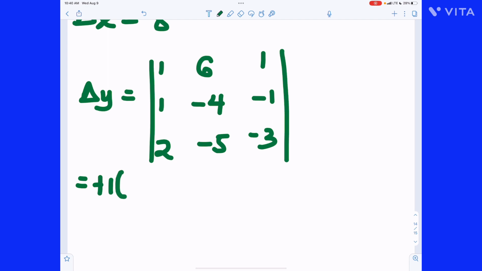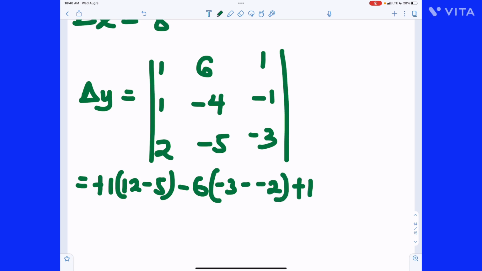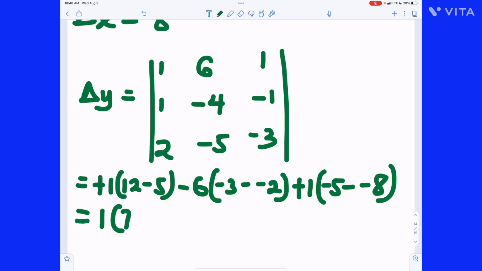Plus 1 times 12 minus 5. Then minus 6 times minus 3 minus 2. Plus 1 times minus 5 minus 8. We've done it many times. So this gives you 1 times 7, minus 6 times minus 3 plus 2, which is minus 1.